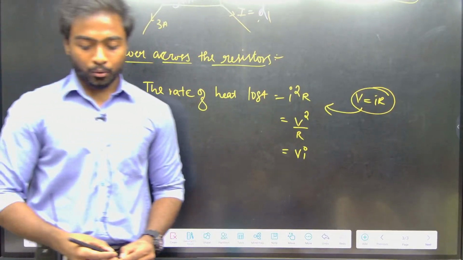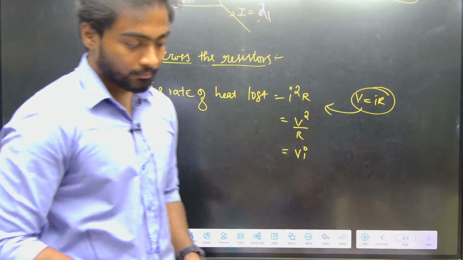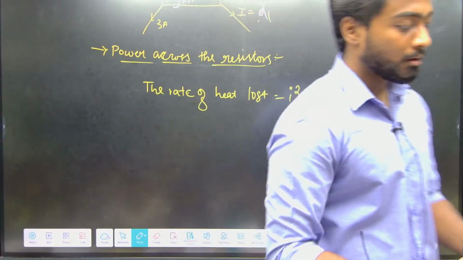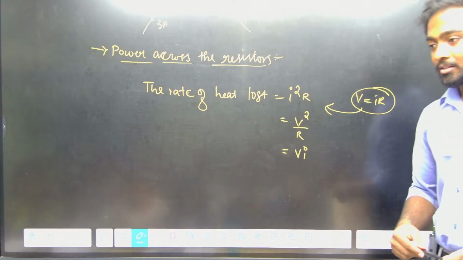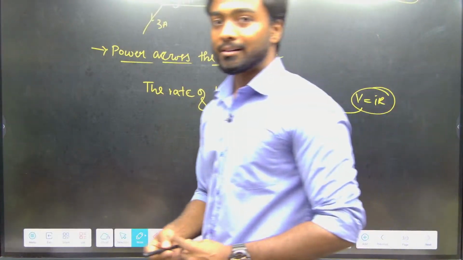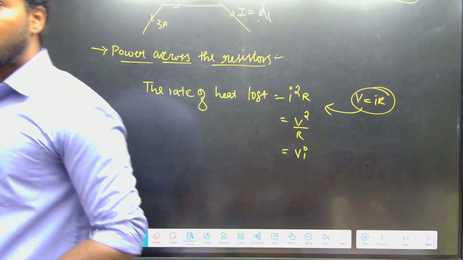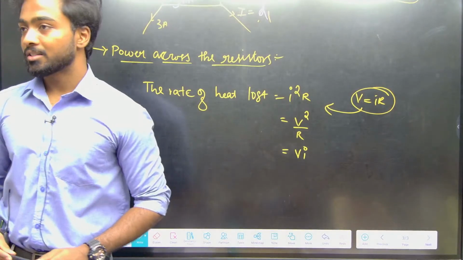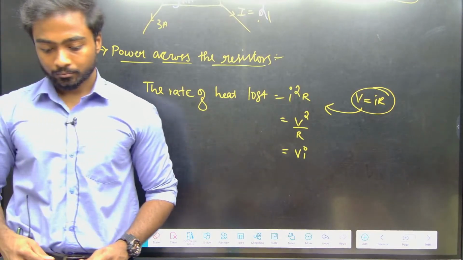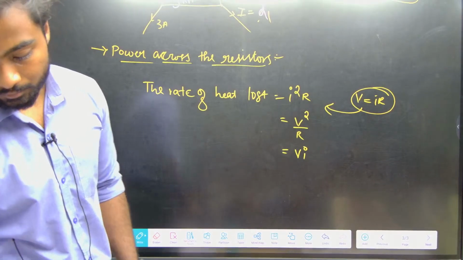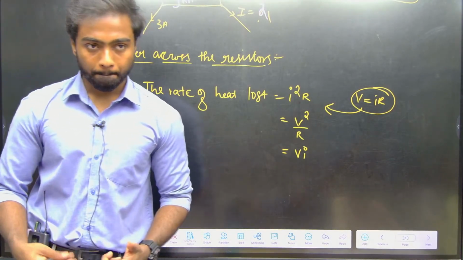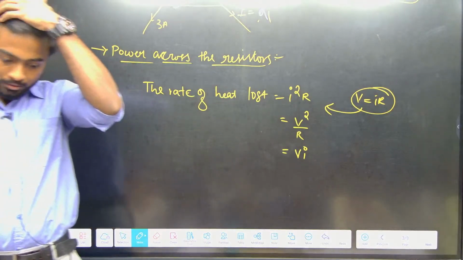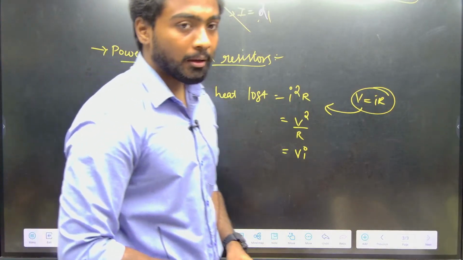Write down the question, or you can write the subtopic. I will tell the question under the subtopic. Bulb as a resistor. Write down the first point.